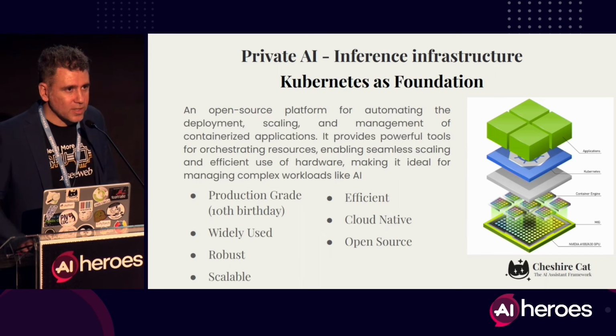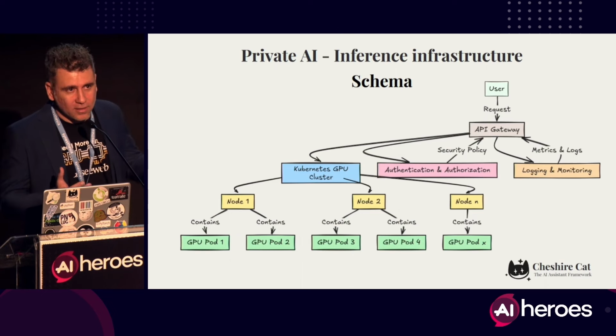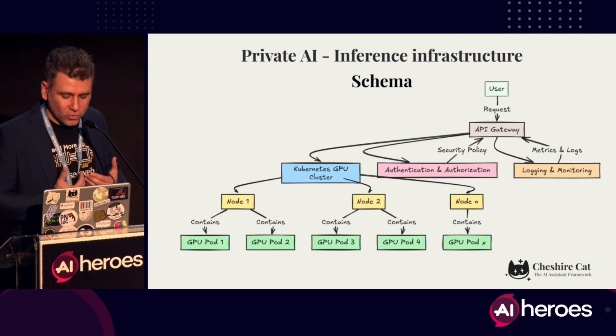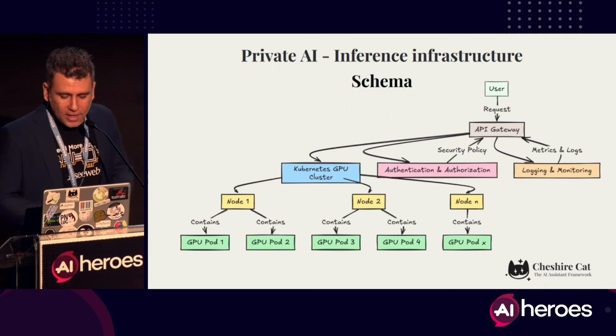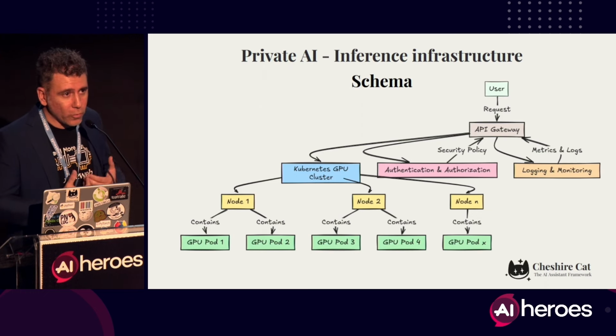Kubernetes is open source, like Cheshire Cat. This is a schema, just an example, but we suggest using Kubernetes for inference. And this schema explains how we work today.